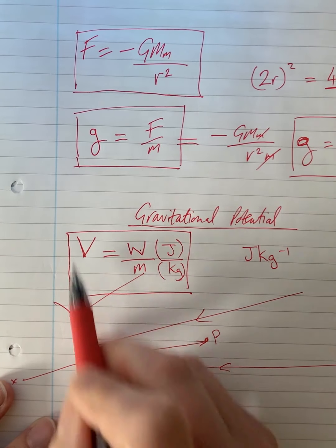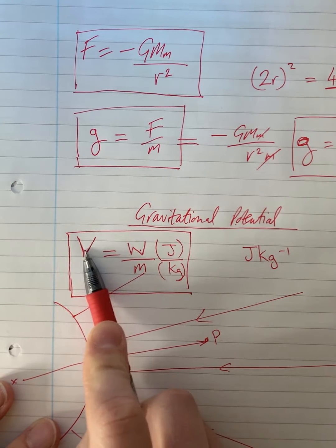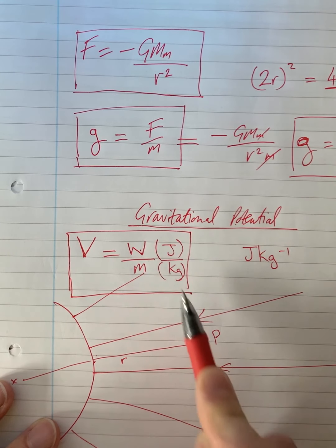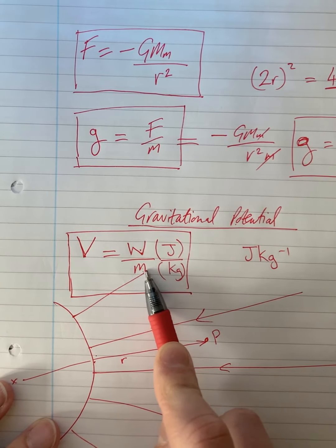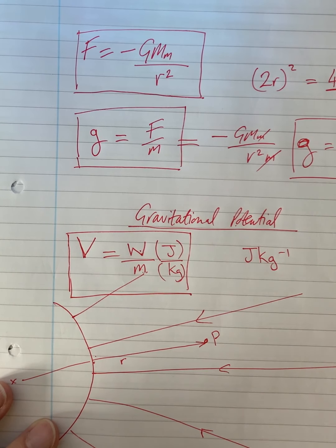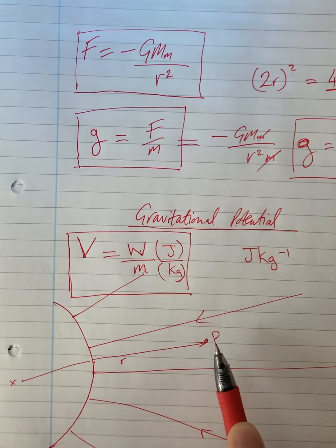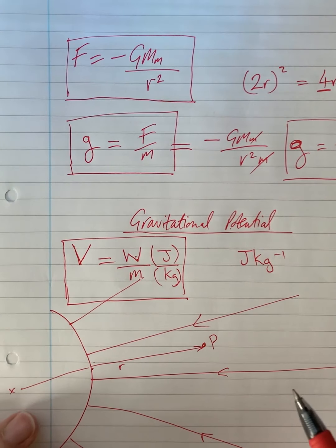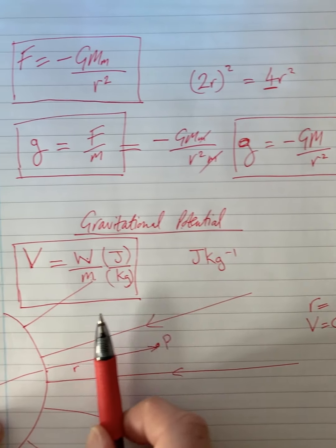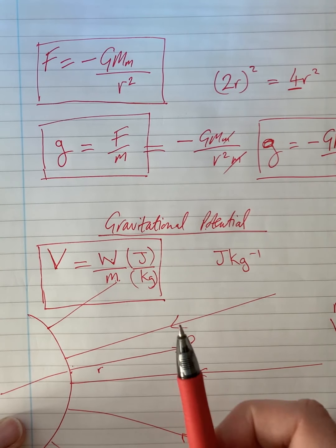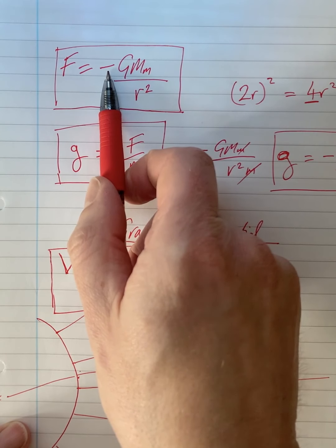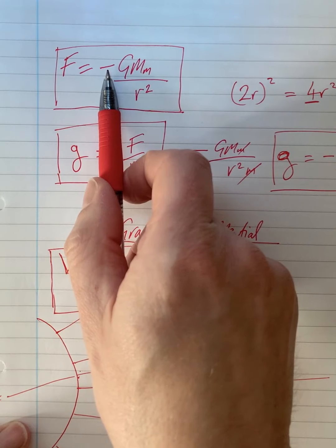Okay, so that's the equation out of it, but the definition is the potential at a point P in the field is the work done on the object, so on whatever mass you have, to move from an infinite distance to point P. Okay, right, so that then means that everything from infinity towards the planet is actually a negative potential, and that should make sense because of this negative value that describes an attractive force.